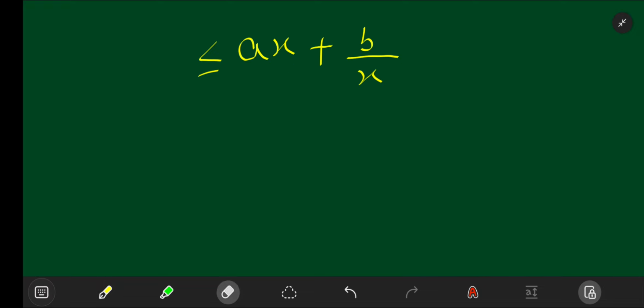So here its minimum value is 2 root of a into b. The minimum value of ax plus b by x is 2 root ab. Okay, square root of ab.